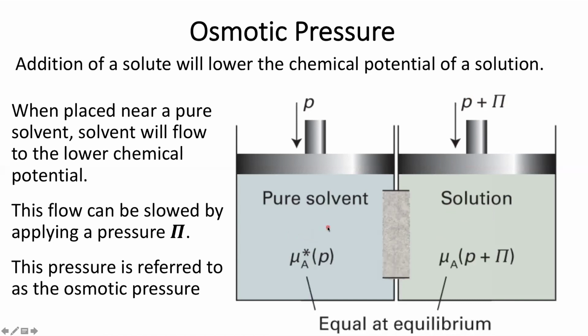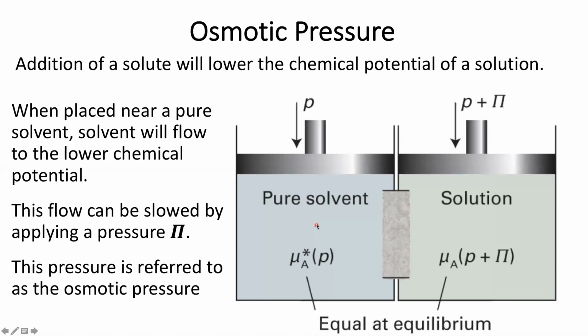You may be familiar with this idea through reverse osmosis filters, where you put a filter on one side, say contaminated water, and then you essentially apply pressure to essentially remove any sort of solutes.